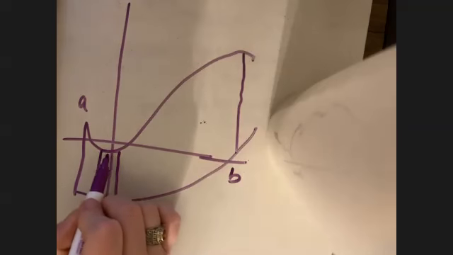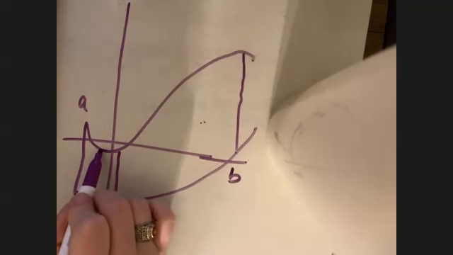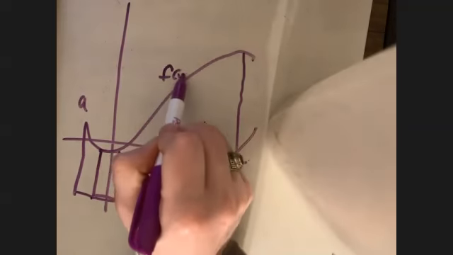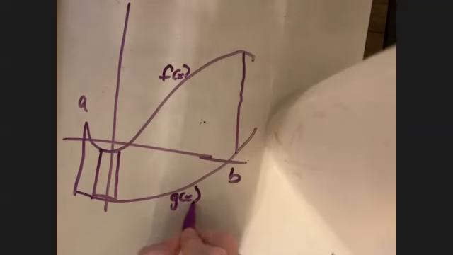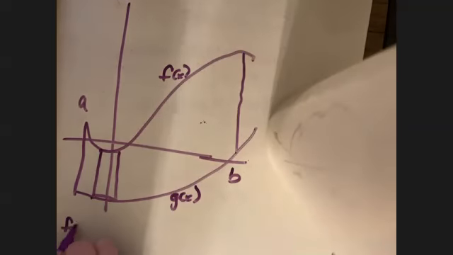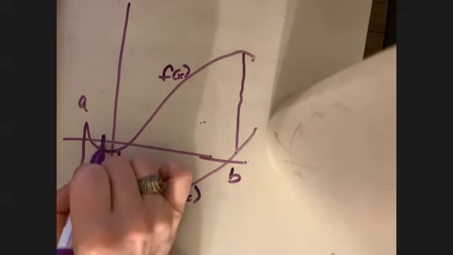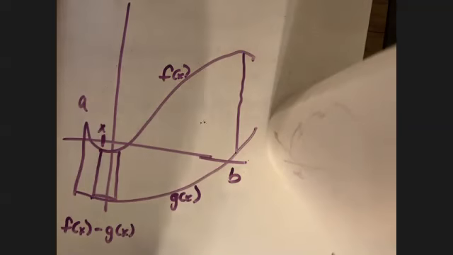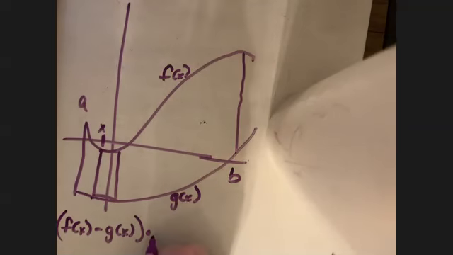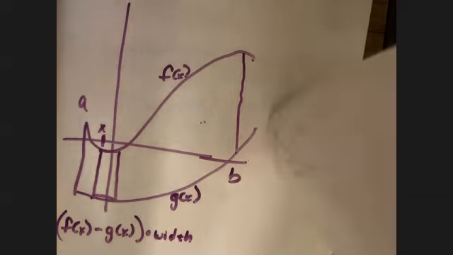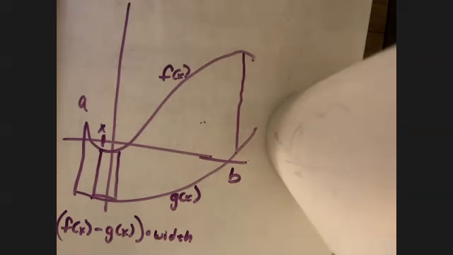In order to find the height of this rectangle, okay, you would have to take this upper function, let's call this one f of x, and let's call the lower one g of x. I would have to take my f of x answer minus the g of x answer, and then that will get multiplied with our width, right, okay? And again, we're going to make our rectangles really, really narrow, okay?